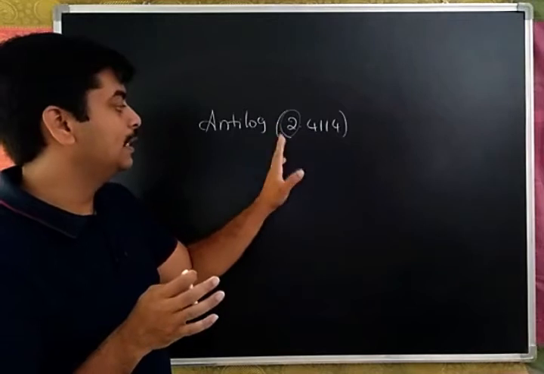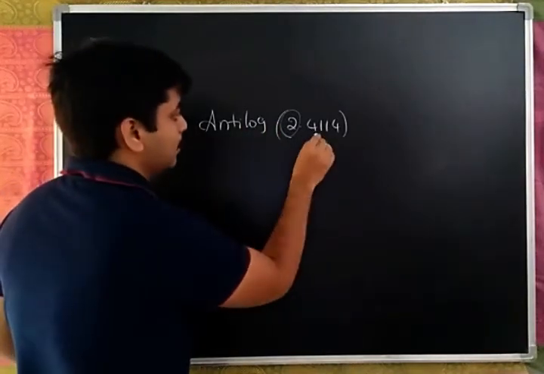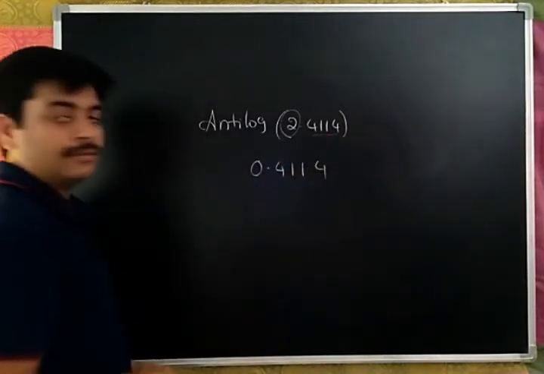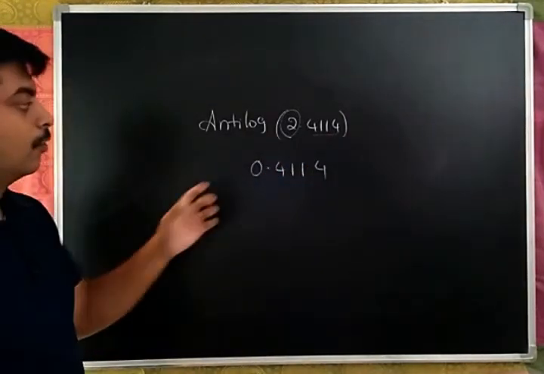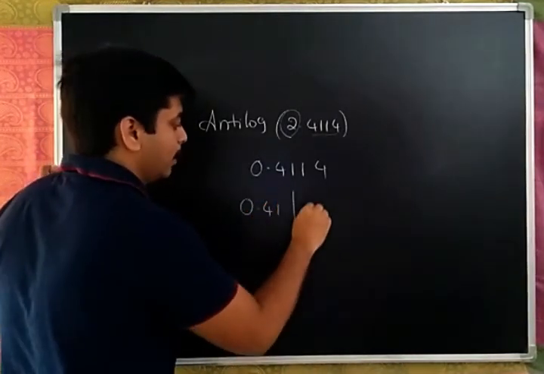So now you have the decimal fraction 0.4114. Split that into 0.41 and 1 and 4.